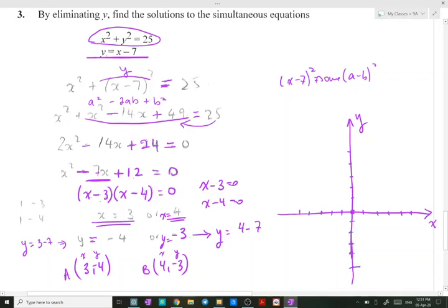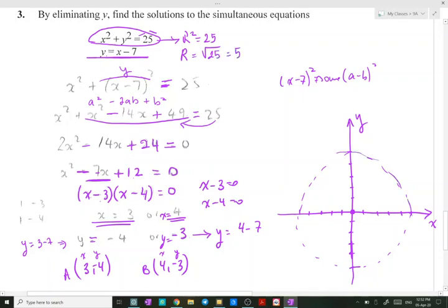So this is the center of the circle, and this is the circle of radius 5, because the 25 here represents r squared equals 25, so r is equal to the square root of 25, which is equal to 5.